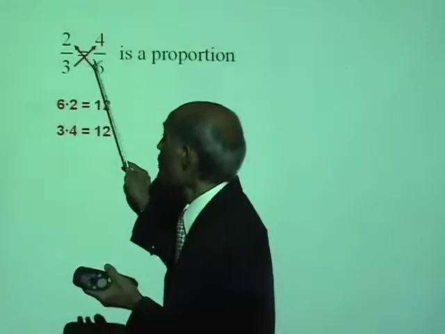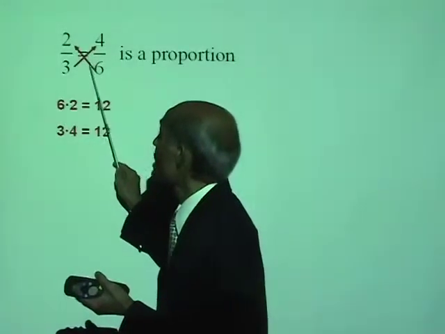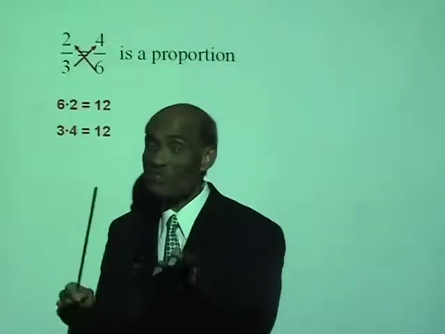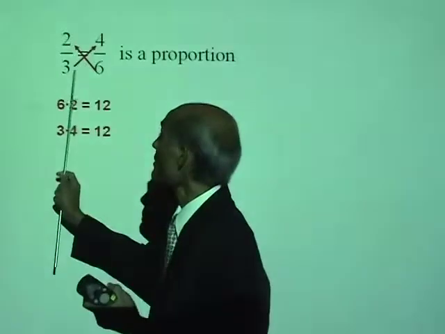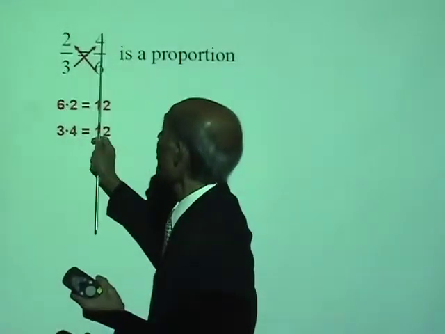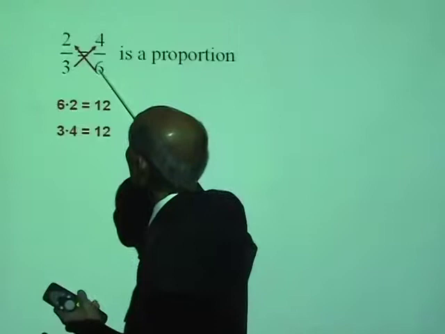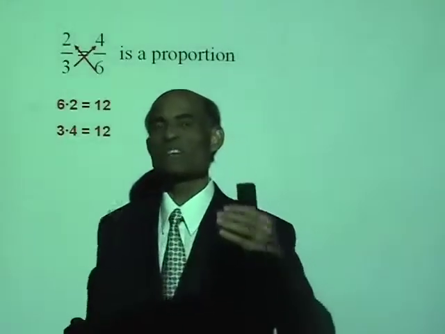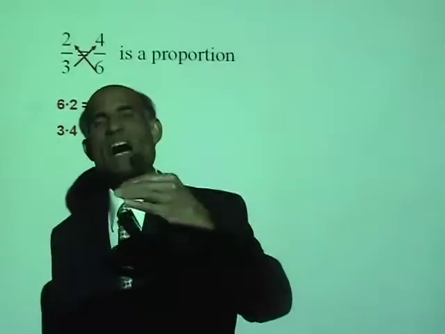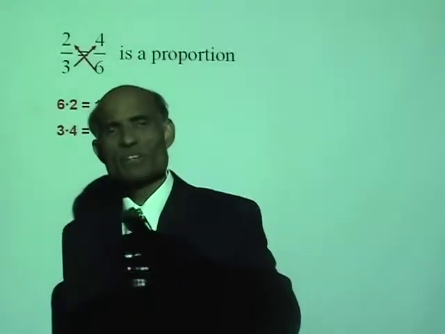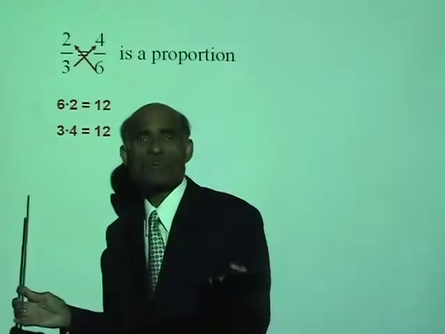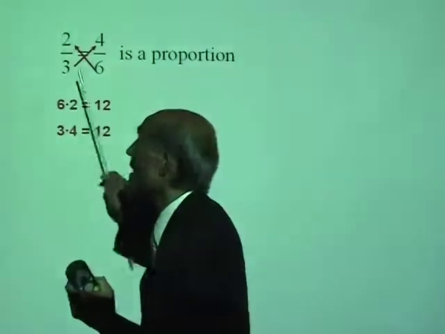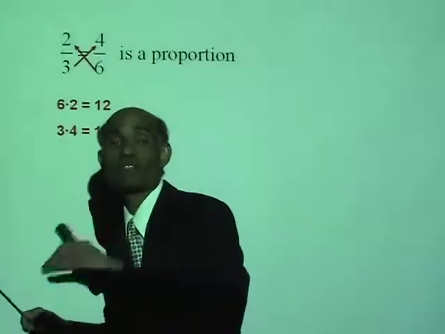Now, I have been always starting from the right and going to the left. It doesn't matter where you start. I can start here. 3 times 4 will be equal to 6 times 2. Alright? So, if I say the first cross product and the second cross product, there's no particular reason why we should call one the first and the other the second.